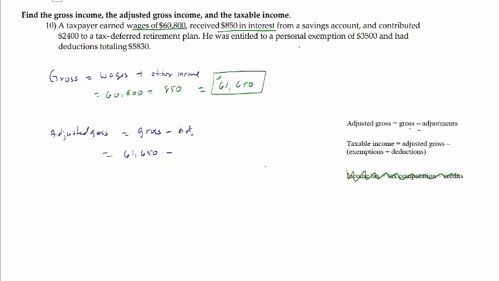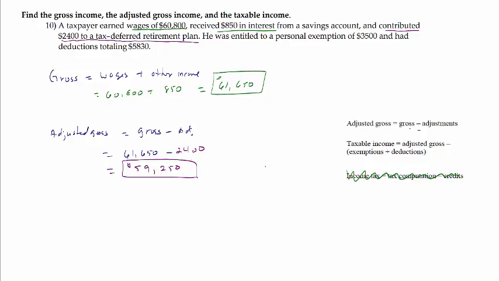So coming up through here, we talked about that. Let's see, I contributed $2,400 to a tax deferred retirement plan. So those are going to be my adjustments right there. So minus $2,400. And so my adjusted gross is going to be $59,250. Okay, so I'm not going to pay on that $2,400 that I invested in the tax deferred plan.